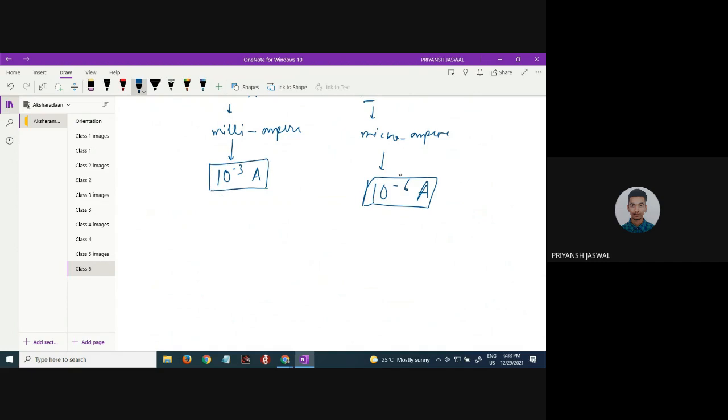And the instrument which is used to measure electric current, the instrument which we use in laboratories to measure the electric current in magnitude, is called an ammeter.